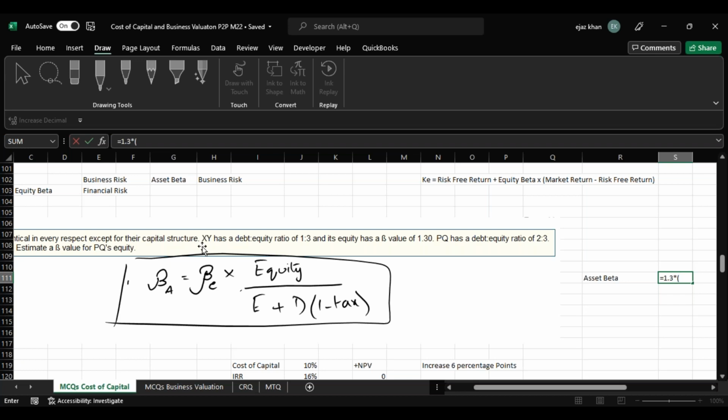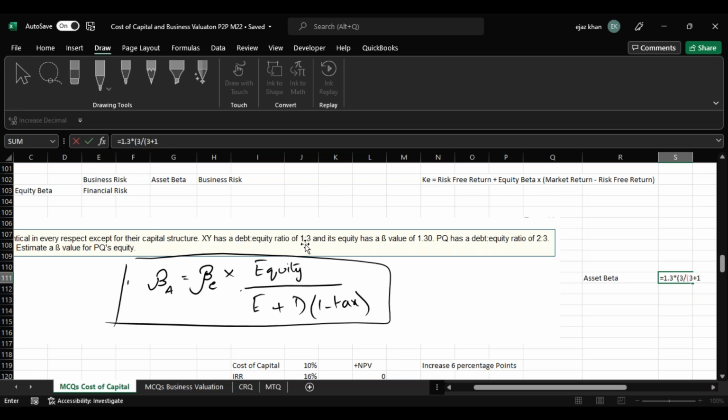We have to use the gearing ratio of the same company whose equity beta has been given. So we will be picking up the equity of XY company. So equity is 3 times. So we can just pick 3 as equity, and we have to divide it by equity plus debt. So equity will remain the same as 3 and debt will be 1 as mentioned here.